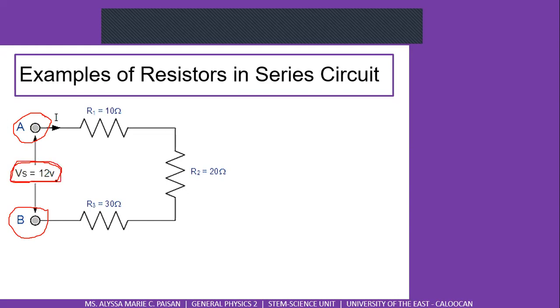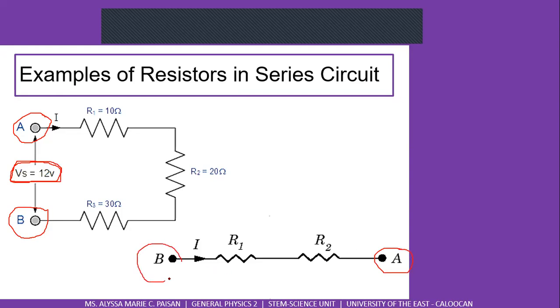Okay, this one, 12 volts. You can see it like that. It's a different way of depicting a power supply. And then it could also be like this. It looks like it has no battery, but again, this tells us that this point has an electric potential, and this one also has an electric potential.